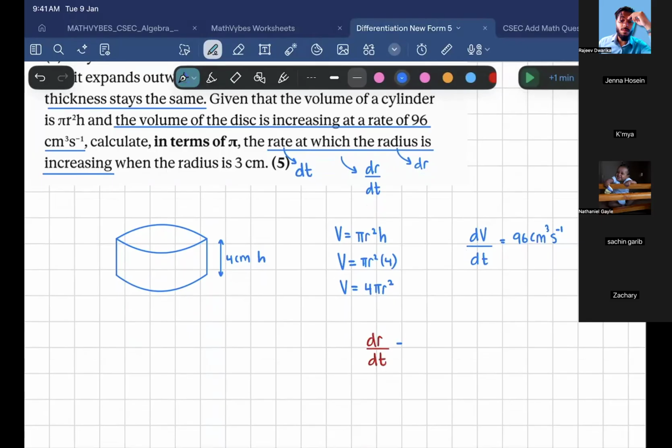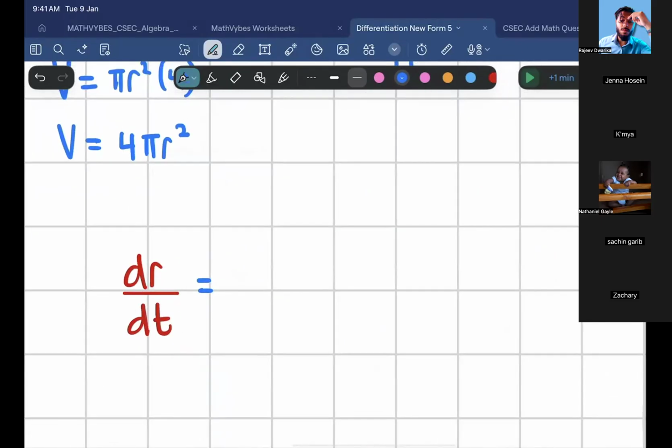Right, so I'm gonna put that over here because we want to find dr/dt. Now to find dr/dt, let's do a checklist, right? If I want to find that, we have to multiply two different rates of change. What should go on top here for sure? dr. How come you say dt? Think about it logically.